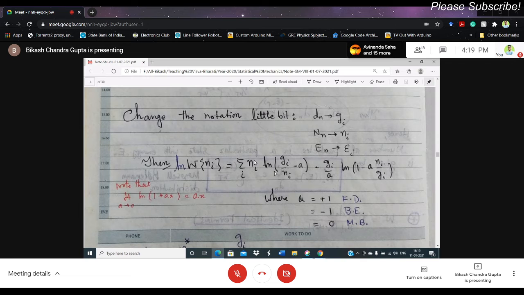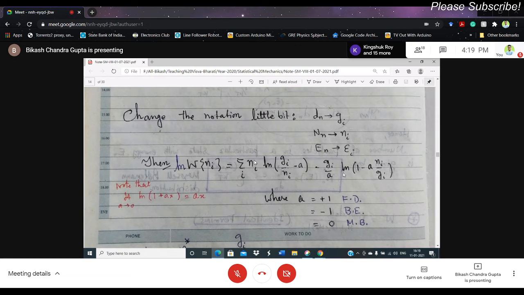You can check if you put a equals 0, whether it reproduces the classical distinguishable case. If you put a equals plus 1, whether this produces exactly the fermionic case. If a equals minus 1, whether it produces the bosonic case or not, because you already have all the expressions for all the different cases.